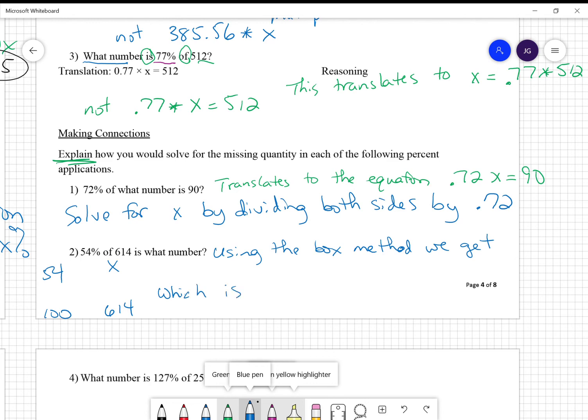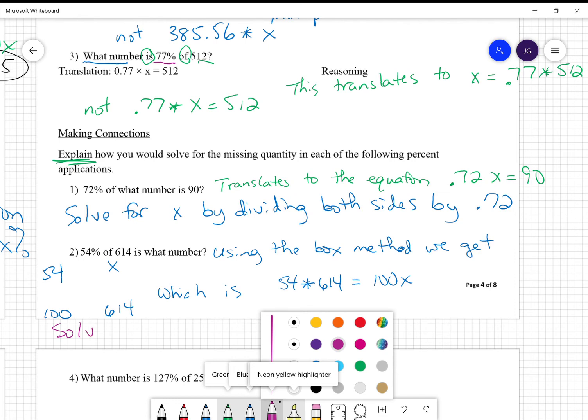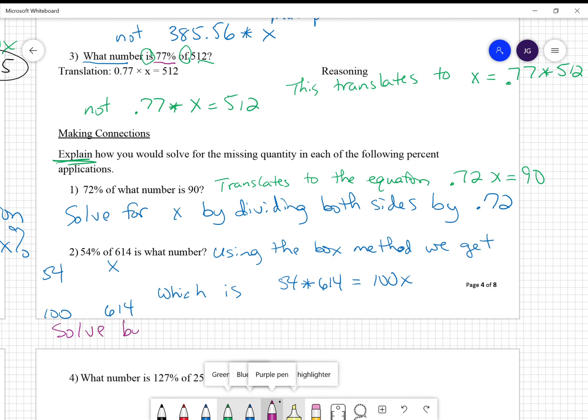Which is 54 times 614 equals 100x. Solve by dividing the product 54 times 614 by 100.